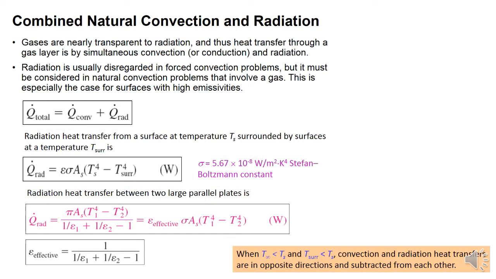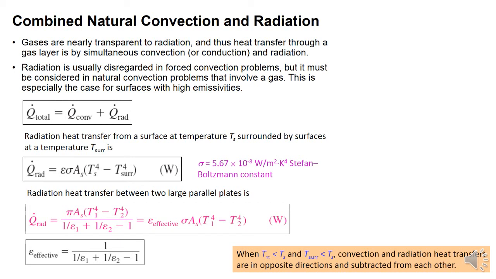Sigma here is the Stefan-Boltzmann constant, and the radiation heat transfer between two large parallel plates is calculated by the equation which I put in pink color, and epsilon here is the emissivity.